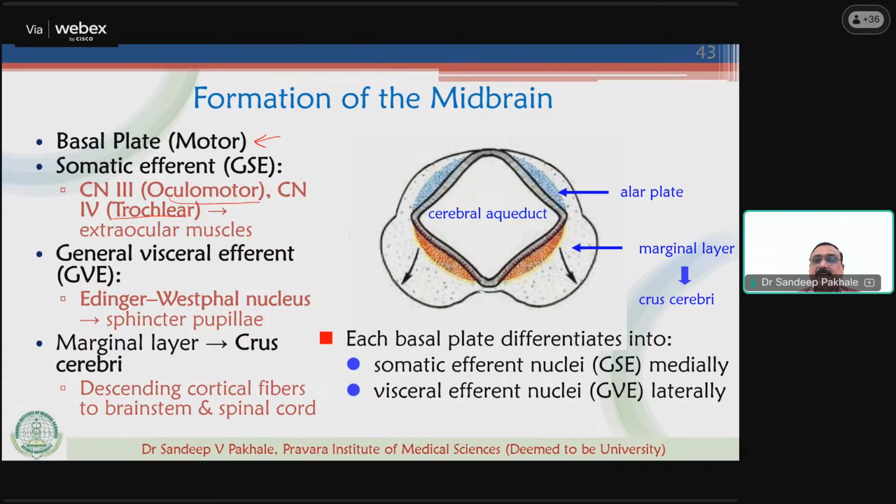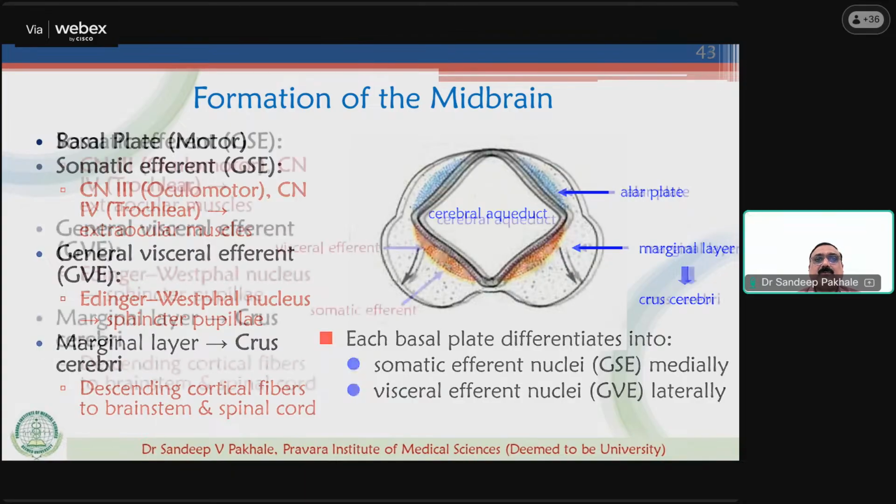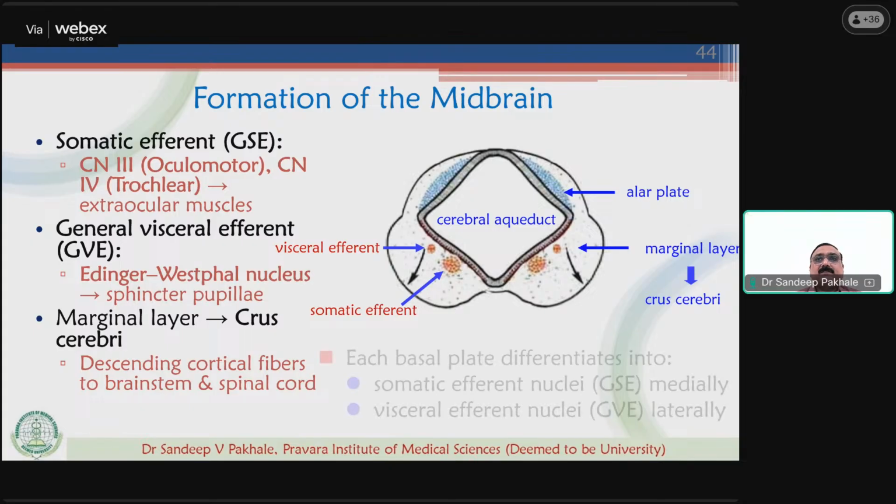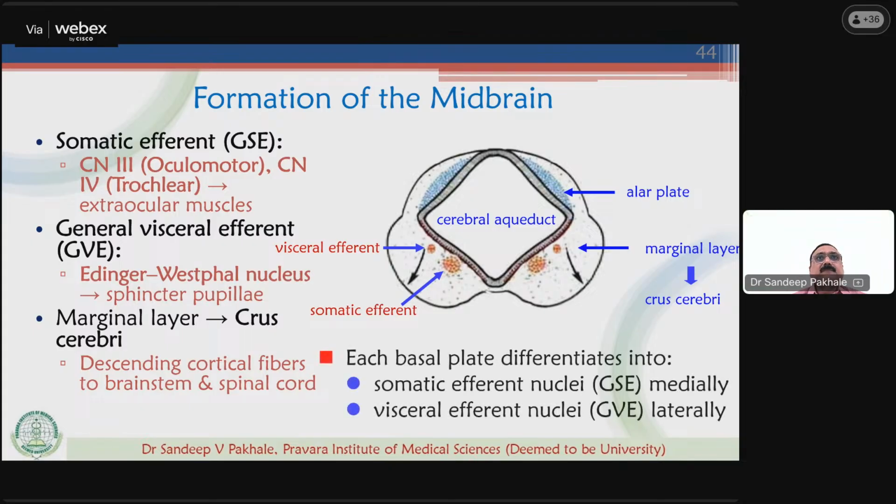Each basal plate differentiates into somatic efferent and visceral efferent nuclei. It includes the oculomotor and trochlear nerves, which supply the extraocular muscles. In the midbrain, the basal plate gives rise to motor nuclei.